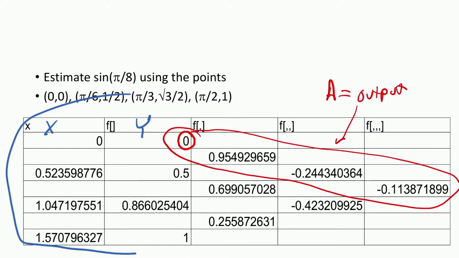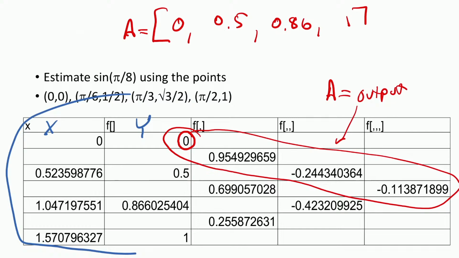But here's the strategy: I'm going to compute these three numbers, and when I do, I'm going to overwrite. When I first start off, A is going to look like this: 0, 0.5, 0.86, and 1.